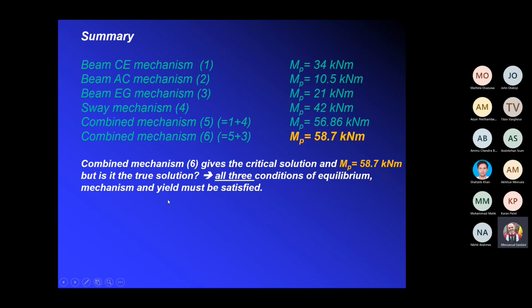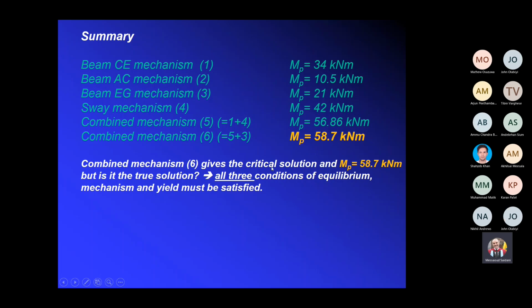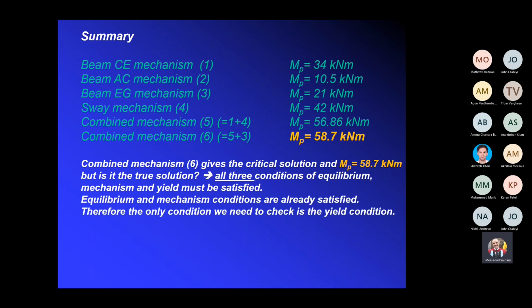Okay, so I need to determine the moments at the unknown locations and compare them with this moment here, whether hopefully they will be less than 58.7, in which case the yield condition will be satisfied, and that will be this solution here, this mechanism, and this solution will be the true solution. Okay, so I'm going to show you a little bit quickly how you can actually solve this.